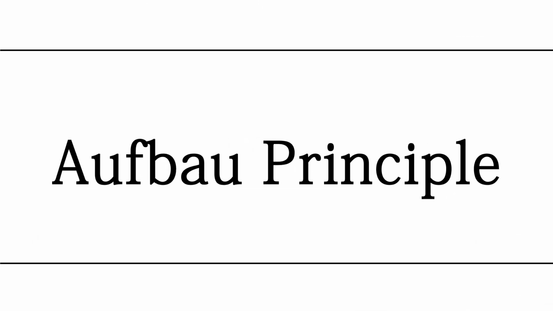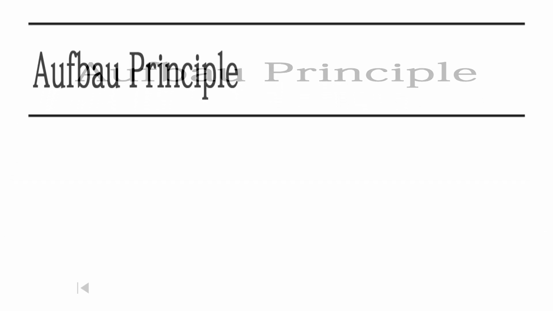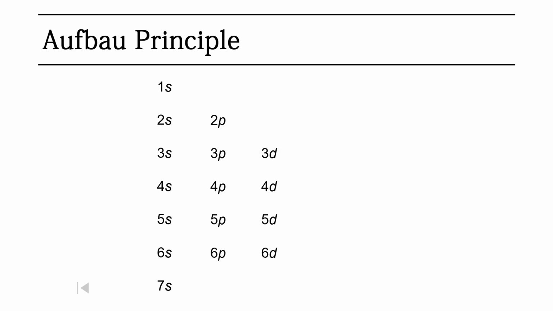The Aufbau principle teaches us the order of the sub energy levels according to the increment of energy. A single atom contains different energy levels: s, that means l is 0, l is 1, l is 2 and l is 3, likewise.